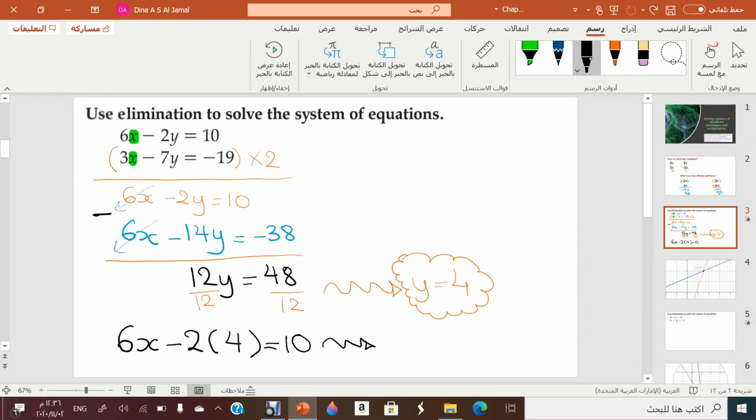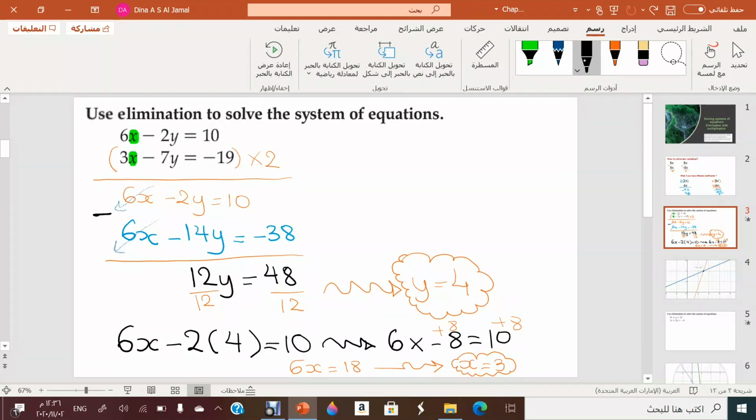So let me put an arrow like this. It will be 6x minus 8 equal to 10. Solve this equation. Plus 8, plus 8. It will be 6x equal to 18. Divide by 6 on both sides. You will get your x as 3.